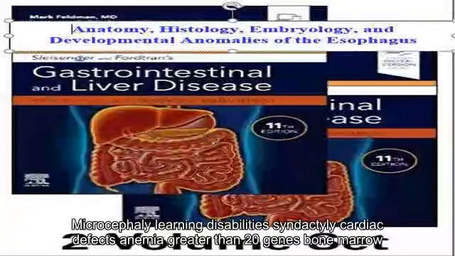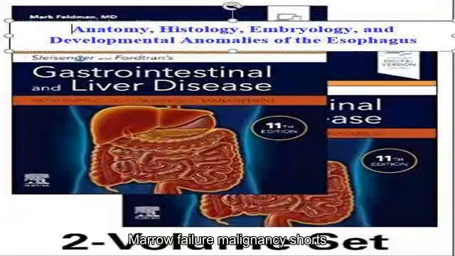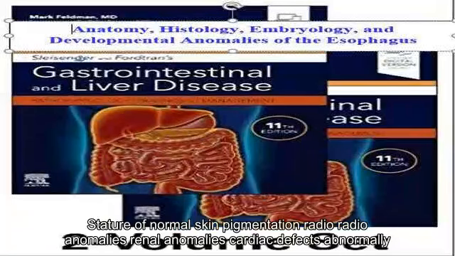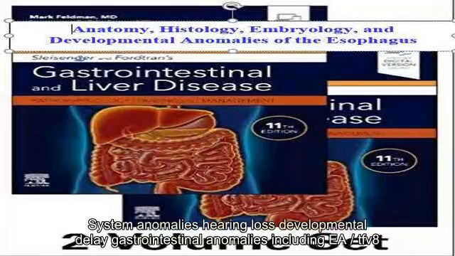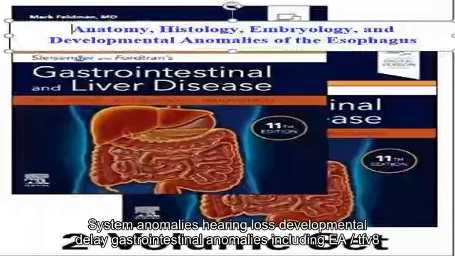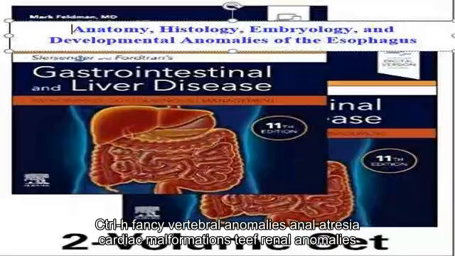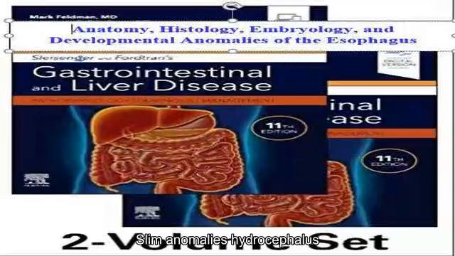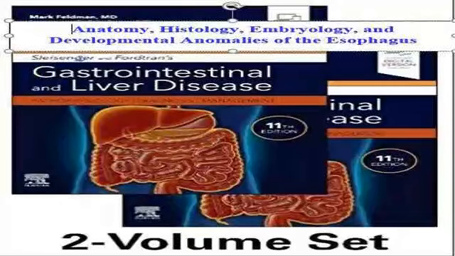Fanconi anemia, more than 20 genes: bone marrow failure, malignancies, short stature, abnormal skin pigmentation, radial ray defects, eye anomalies, renal anomalies, cardiac defects, abnormal ears, central nervous system anomalies, hearing loss, developmental delay, gastrointestinal anomalies including EA/TEF. VACTERL-H, FANCA-FANCB: vertebral anomalies, anal atresia, cardiac malformations, TEF, renal anomalies, limb anomalies, hydrocephalus. EA, esophageal atresia; TEF, tracheoesophageal fistula.